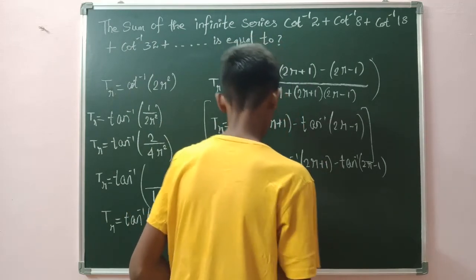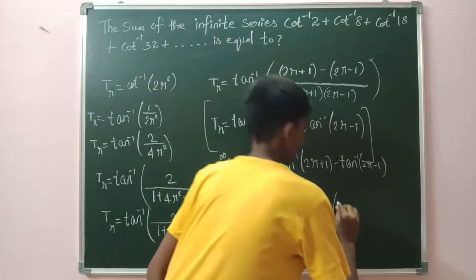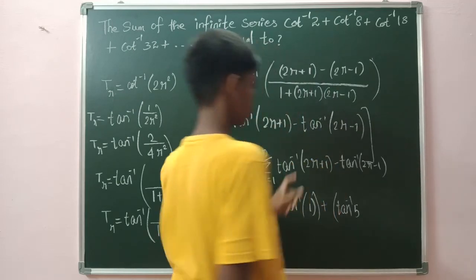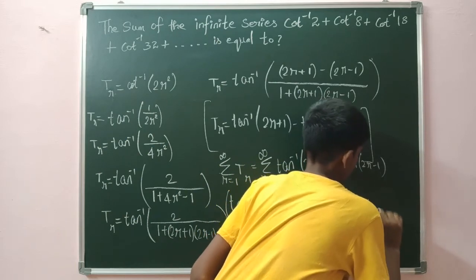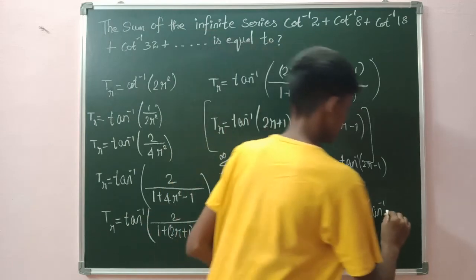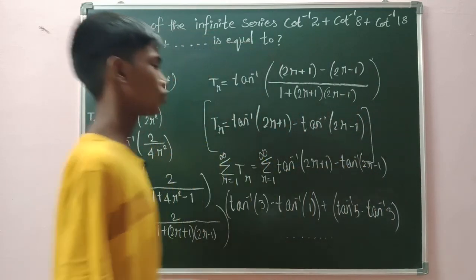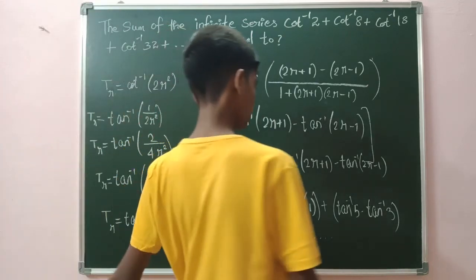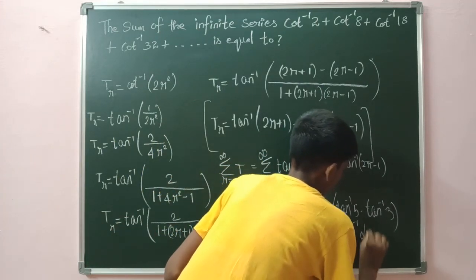Then plus, when you put 2 in place of r, you get tan inverse of 5, because 2 into 2 is 4, plus 1 is 5. Then minus tan inverse of 2 into 2, 4 minus 1 is 3. Same like that, it will be going up to tan inverse of infinity.